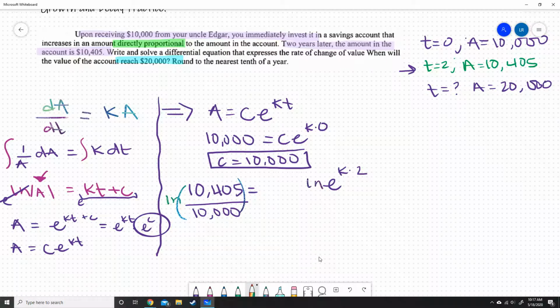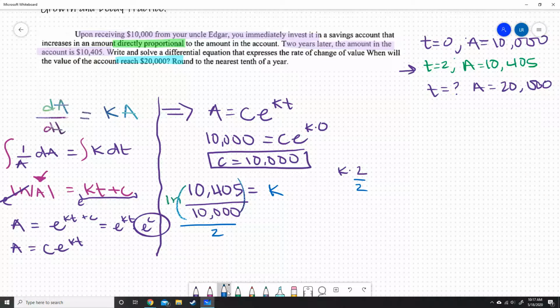Well, of course, when we natural log the e, that's gone, right? And then finally, we would divide by 2. And so ultimately, we get K equals this business right here.